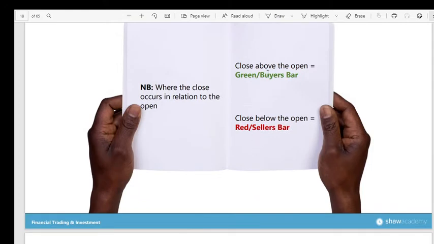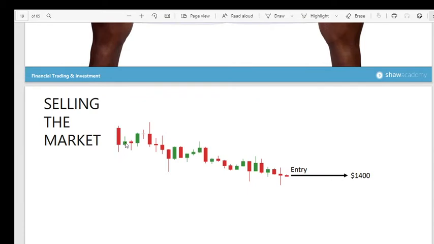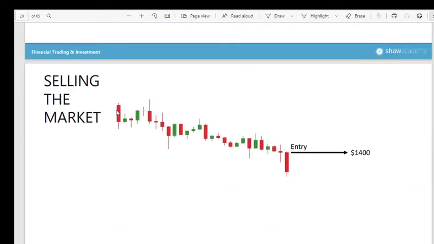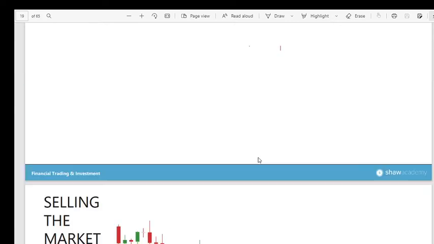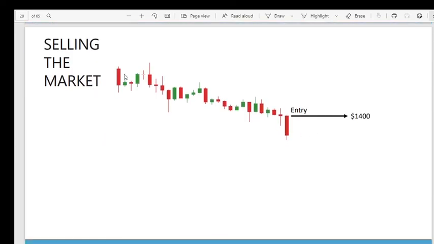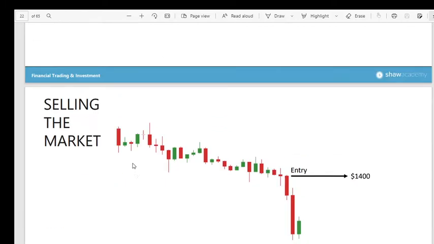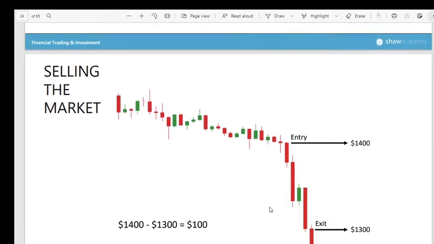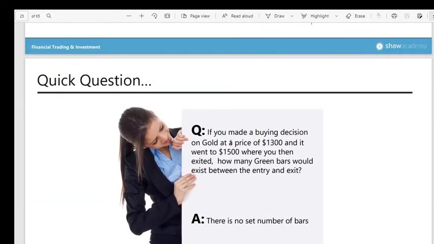So a close above is the green buyer bar, a close below is the red seller bar. So green buyer bar, red seller bar. This is selling in the market at 1400. Entry, exiting right here.